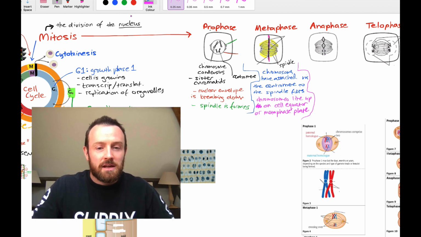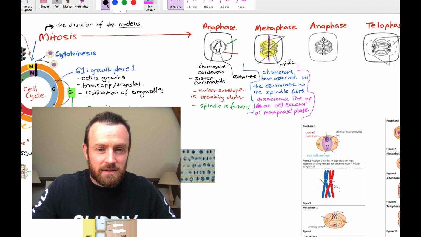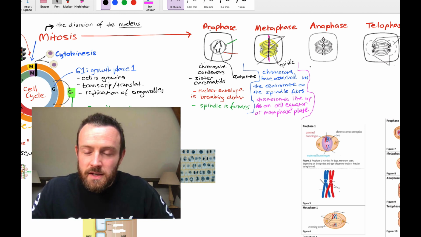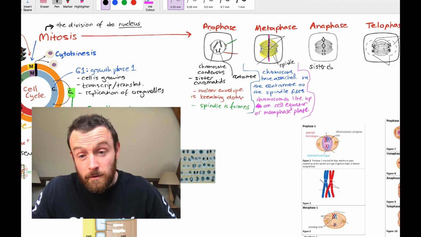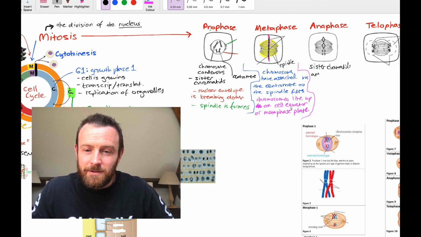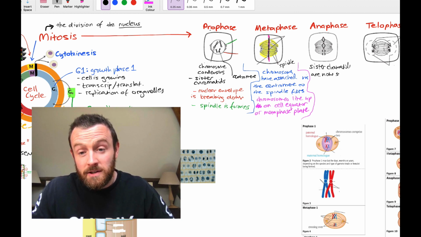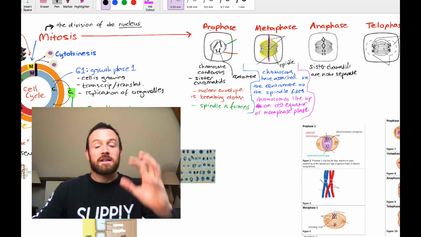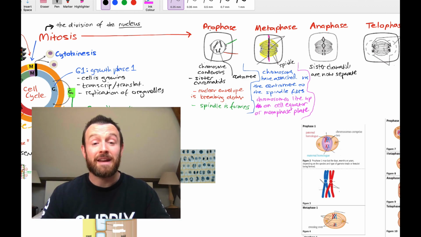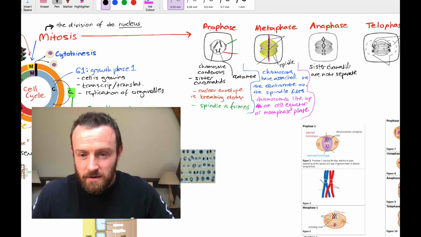So what's going on here? I'll change color again. So the sister chromatids are now separate. So therefore we don't really call them chromatids anymore. Now the sister chromatids have been separated, so they are now separate chromosomes.